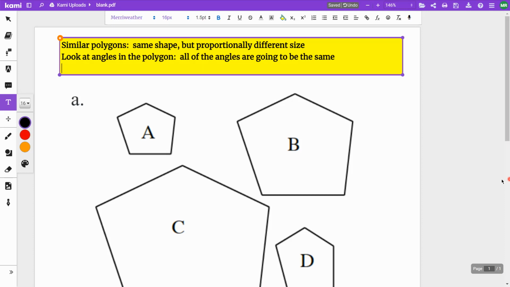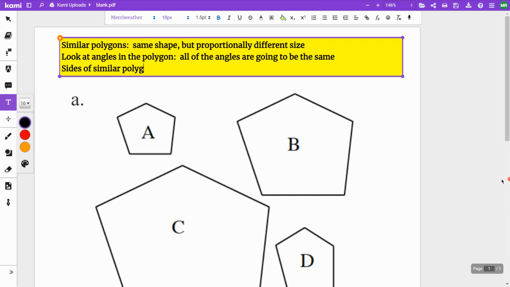And when we are looking at actual side lengths, the sides of similar polygons have the same proportion, or what we're going to be calling scale factor for each.